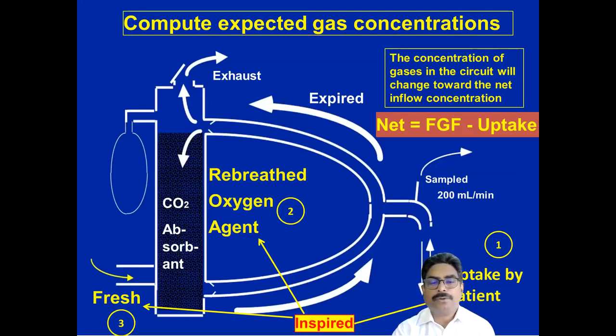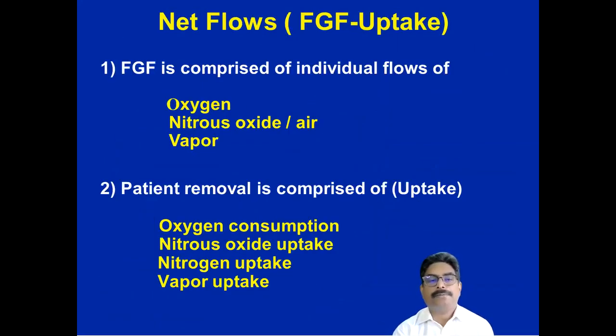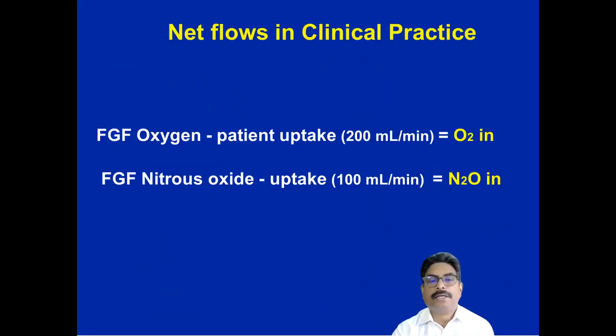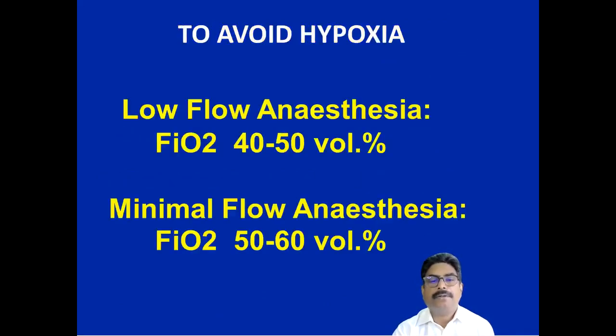So the net flow should be equivalent to the fresh gas flow minus the patient uptake. If it is oxygen, 200 ml. If it is nitrous oxide, depending upon the time, 100 ml per minute. To avoid hypoxia, you have to use an FiO2 of 40 to 50% in low flow anesthesia, and 50 to 60% in minimal flow anesthesia.